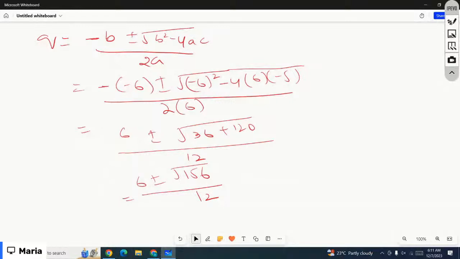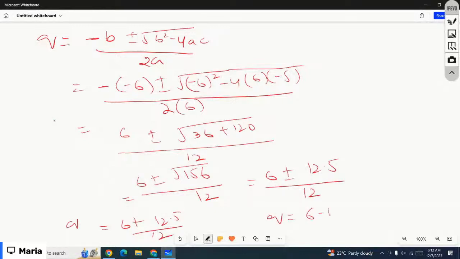That means 12.5, right? So it is 6 plus minus 12.5 divided by 12. So Q equals 6 plus 12.5 over 12, and Q equals 6 minus 12.5 over 12.